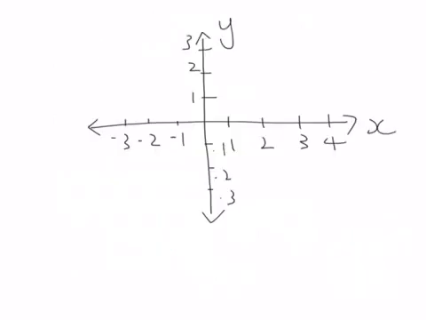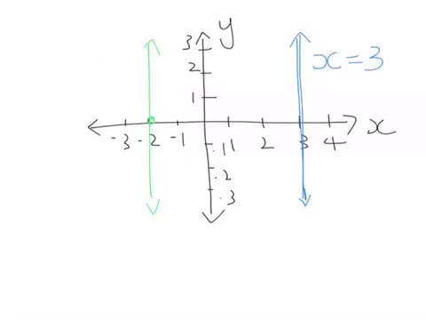There's one more type of line to have a look at, and that is horizontal and vertical. If I have this line here, it cuts the x-axis at 3. So the equation of that line is x equals 3. If I have a line here, cuts through the x-axis at -2, so the equation of that line is x equals -2.